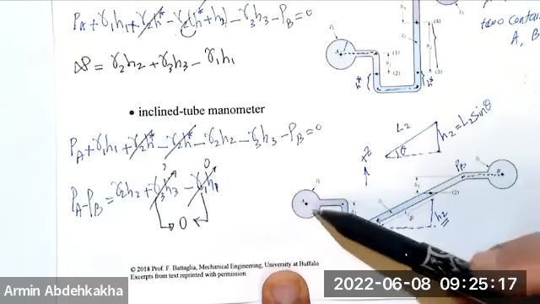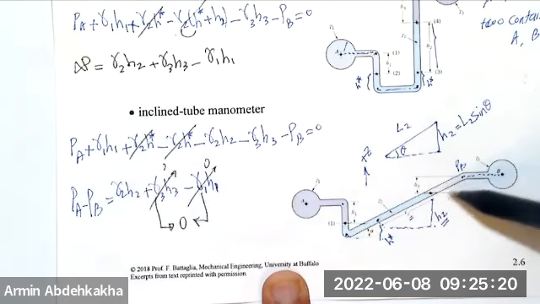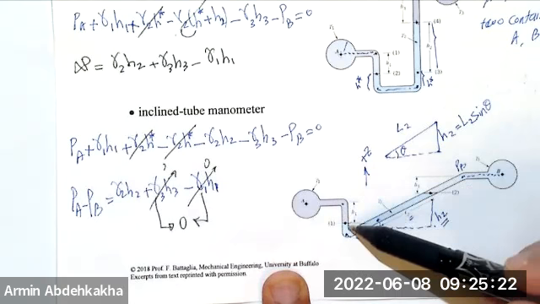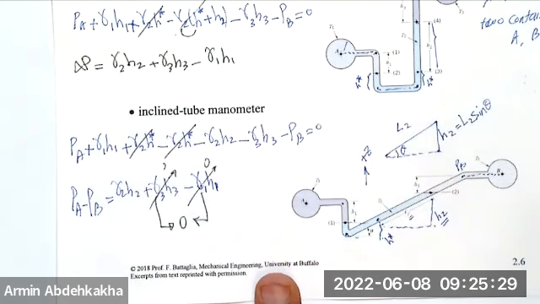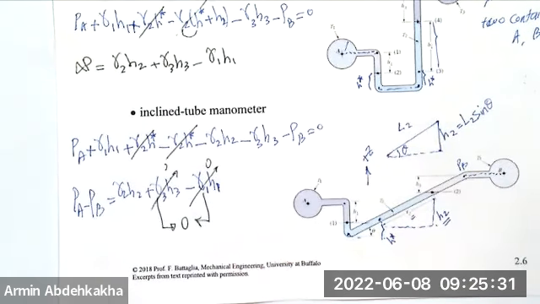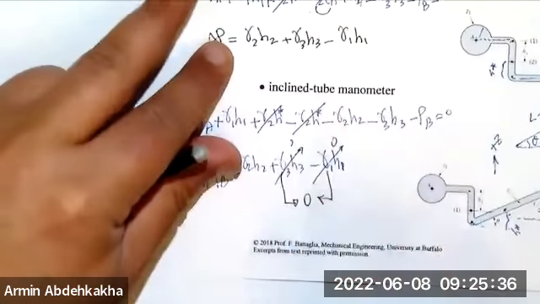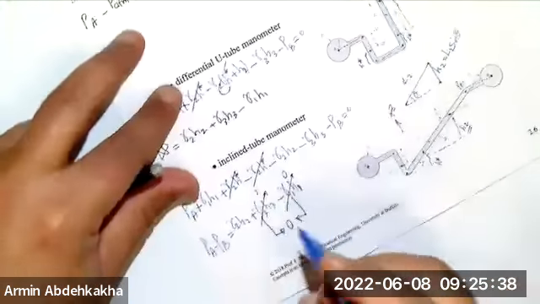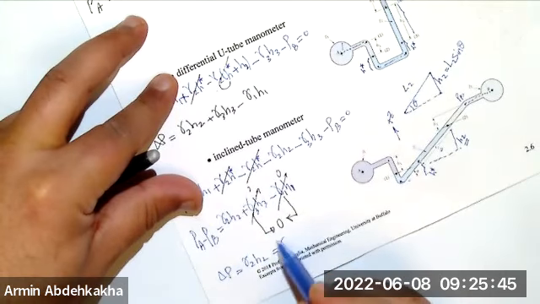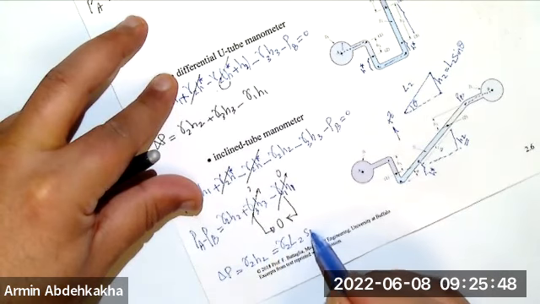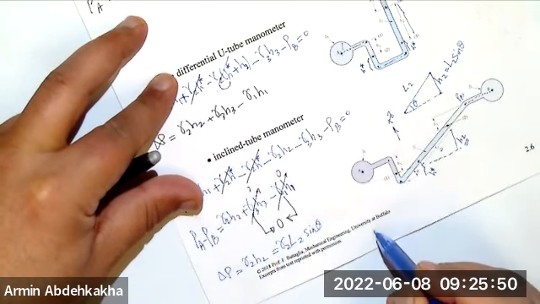Because if you use gases, then you don't care how much gas is here or here, but you care only about the fluid, because this is responsible for finding the pressure difference in the containers. Finally, delta P is equal to gamma 2 H2, or gamma 2 L2 sine of theta. Again, sine of theta.